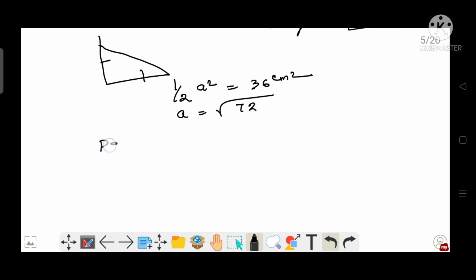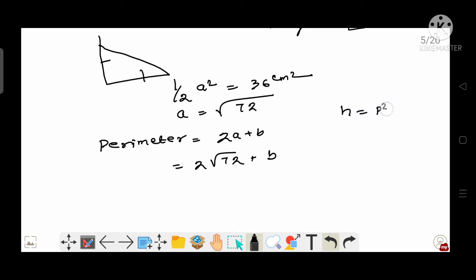Perimeter should be 2a plus the hypotenuse. Let the hypotenuse be h. Then we have 2 into root 72 plus h. If hypotenuse h equals root of p square plus b square, it will be root 2a square, this means root 2 a, isn't it?